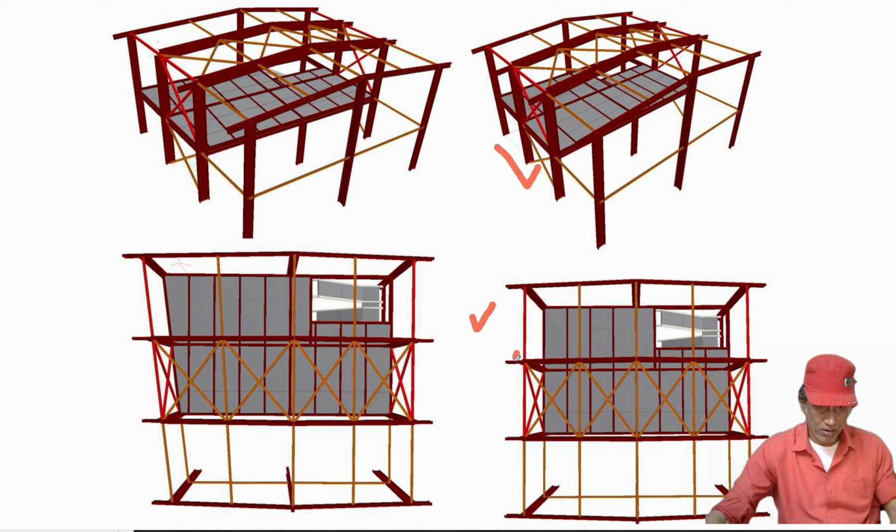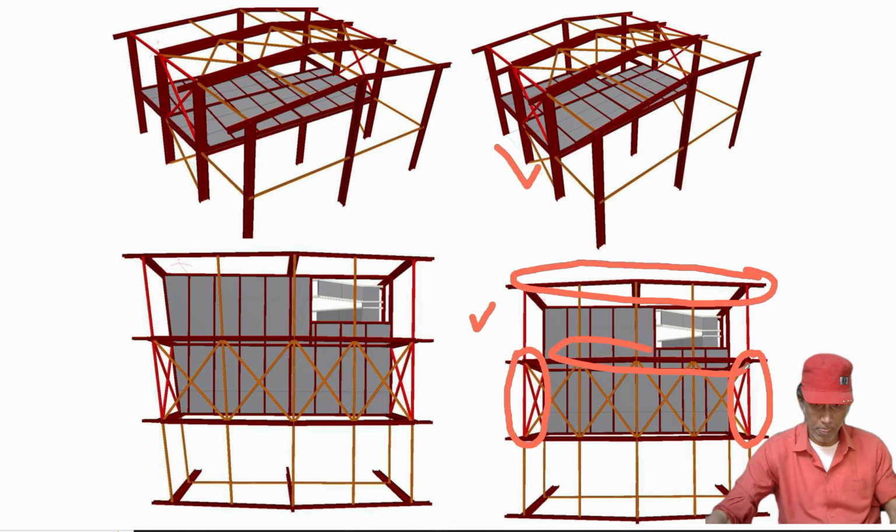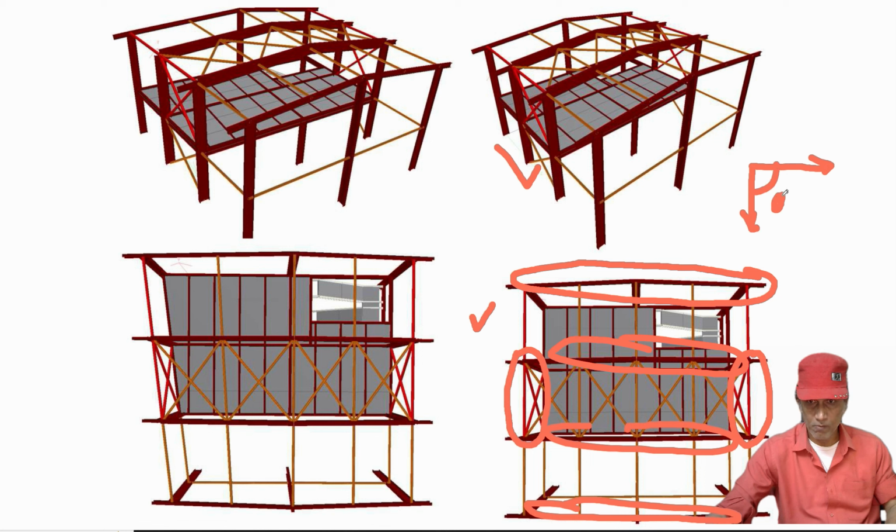Now we have one set of lateral load resisting frame in the form of concentric brace, and another set of lateral load resisting frame in the form of moment frame. Now if you see, these frames are at 90 degrees to each other. So for this building, the lateral load resisting frames are orthogonal to each other.